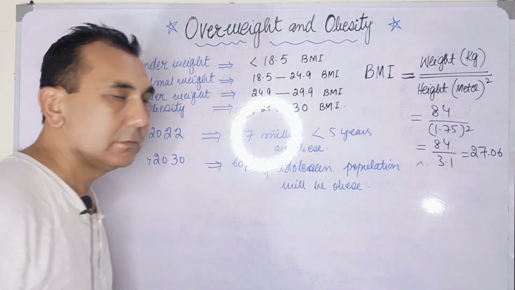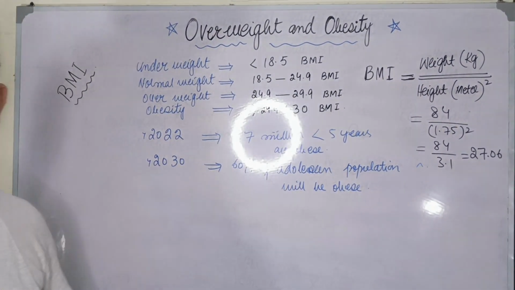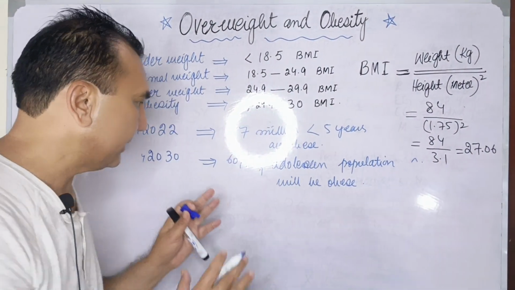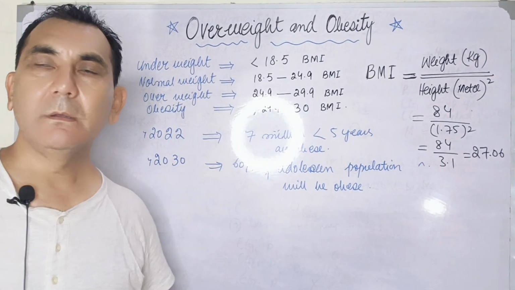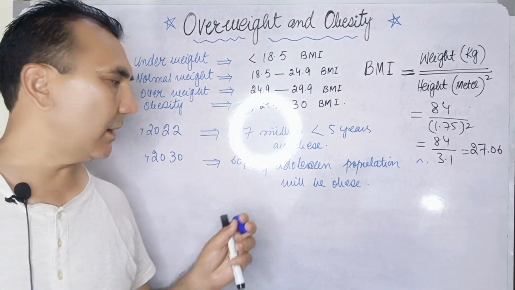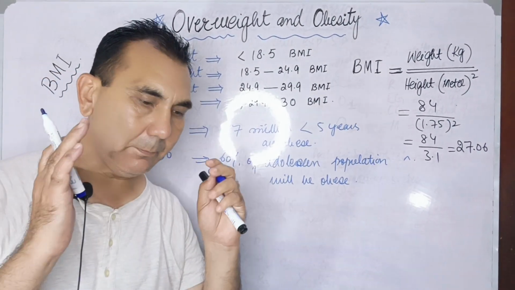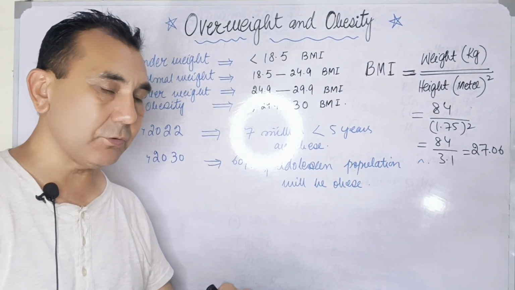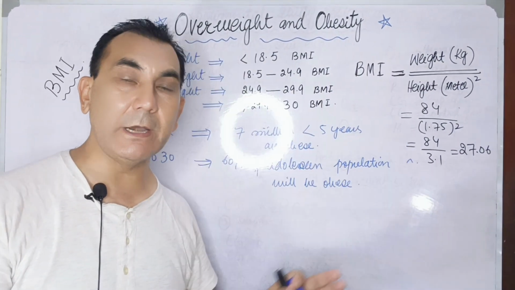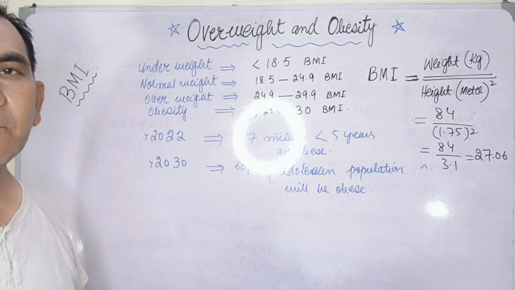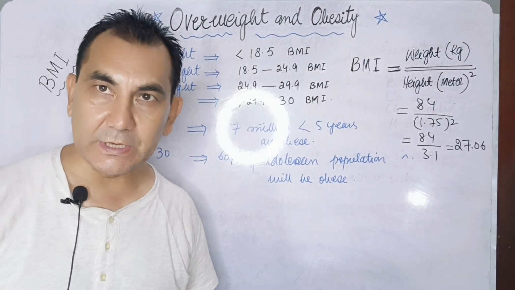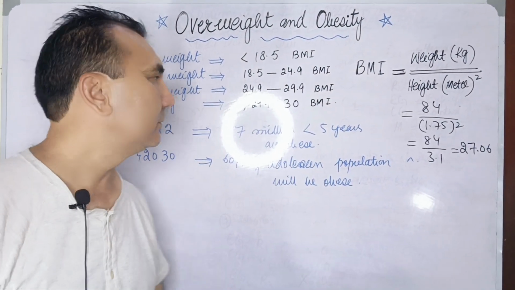It is very alarming data for public health experts. In 2030, 60% of adolescents will fall in the obese group.